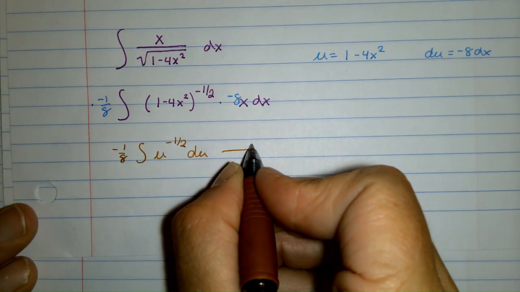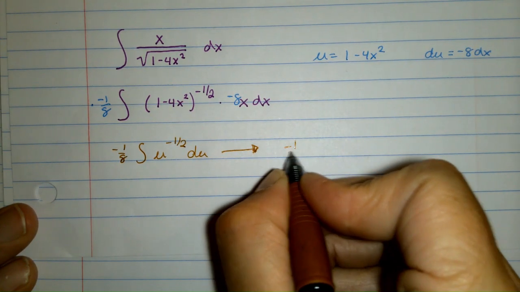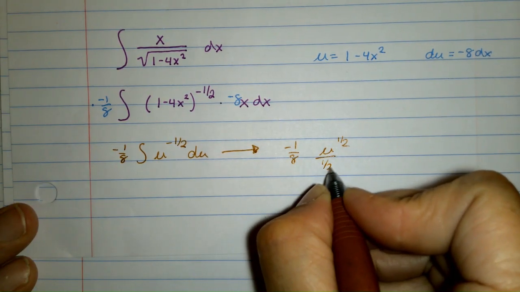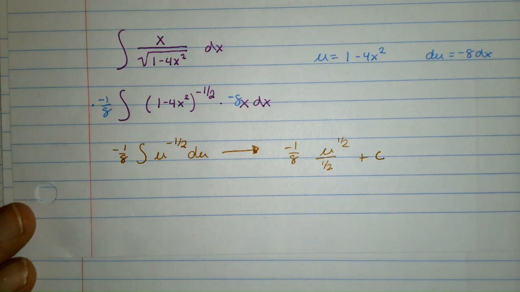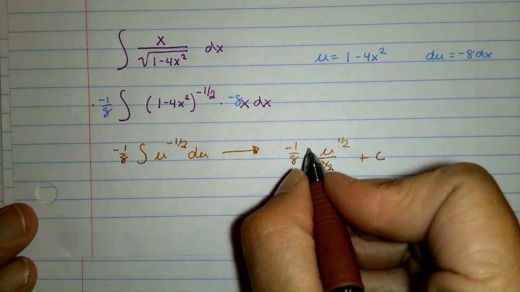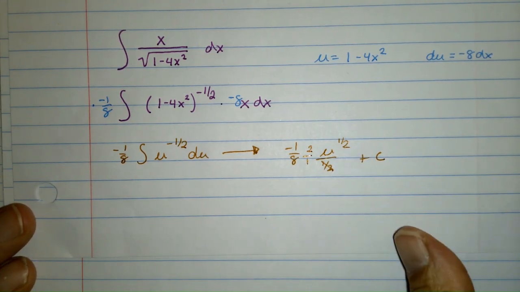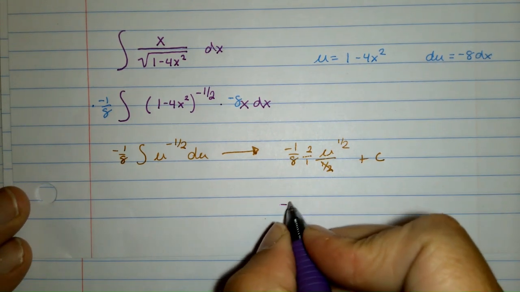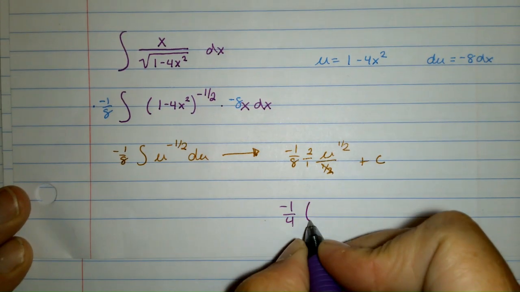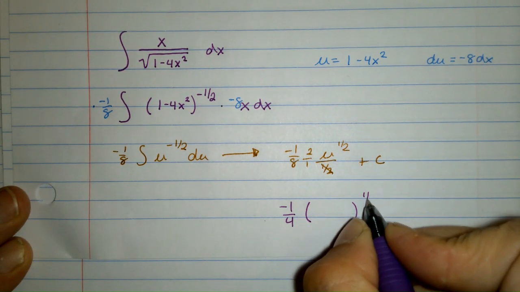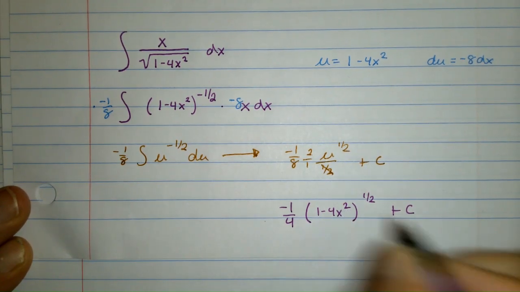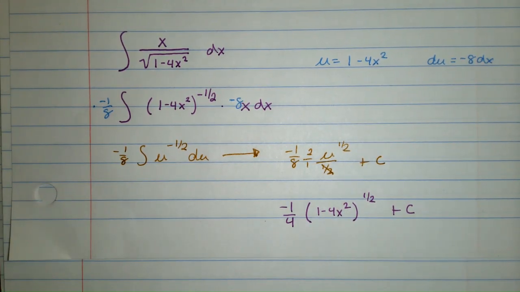So now I'm finally going to integrate negative 1/8 u to the 1/2 over 1/2 plus c. Dividing by 1/2 is the same thing as multiplying by 2 over 1. So I get negative 1/4 u to the 1/2 plus c is my final answer. And replacing that u. And you could write that in square root form as well.